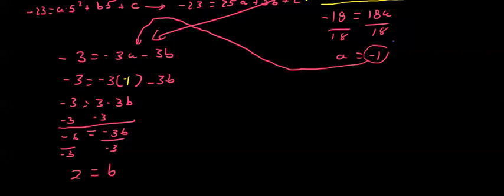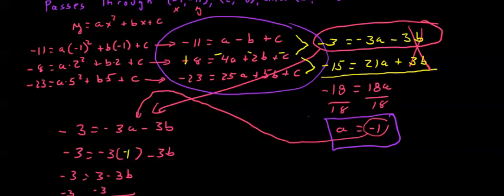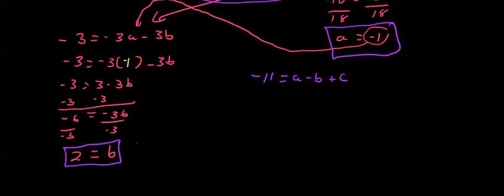So now we know a is equal to negative 1, b is equal to 2, and we just need to find c. Go back up here to the easiest equation. Looks like the first one. Negative 11 equals a minus b plus c, and substitute negative 1 and 2. So negative 11 equals negative 1 minus 2 plus c.